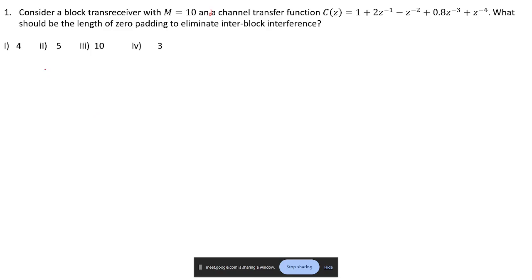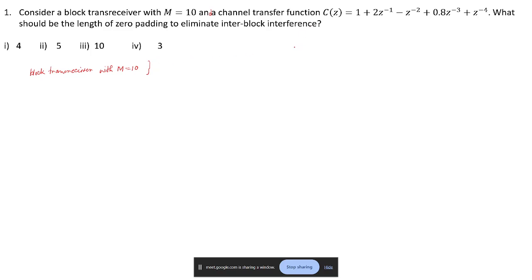So when you say block transceiver with M is equal to 10, this is nothing but for your visualization purpose.